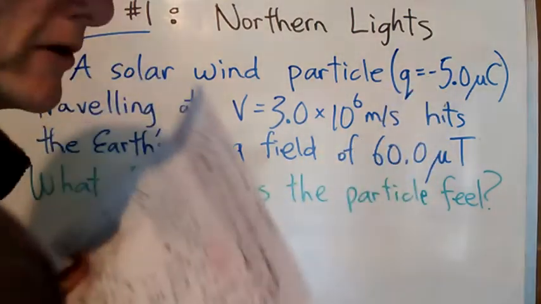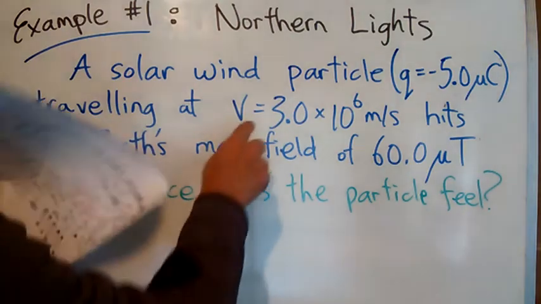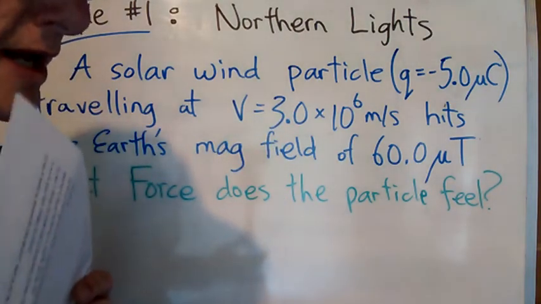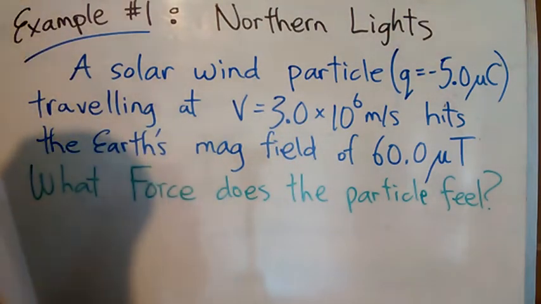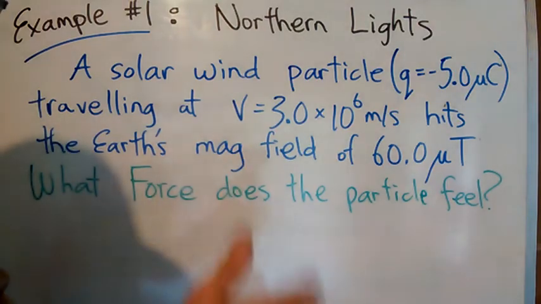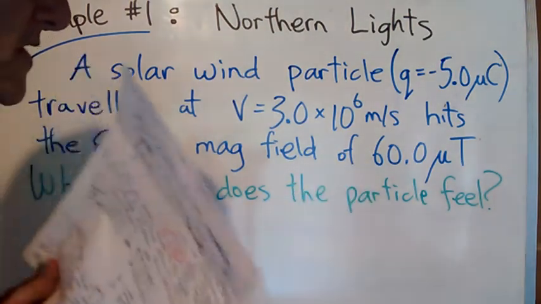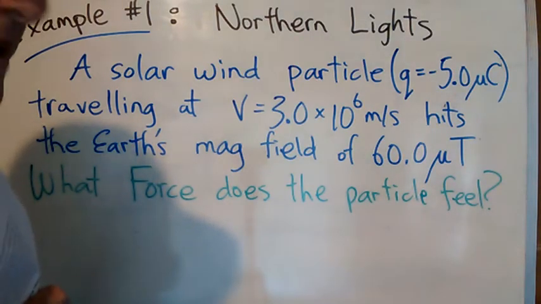They're negative, they're electrons. And they travel at a speed of 3 times 10 to the 6 meters per second. Remember, the speed of light is 3 times 10 to the 8th, so it's 100th the speed of light. It hits the Earth's magnetic field at 90 degrees perpendicular, and the Earth's magnetic field is 60 microteslas, so 60 times 10 to the minus 6 teslas.